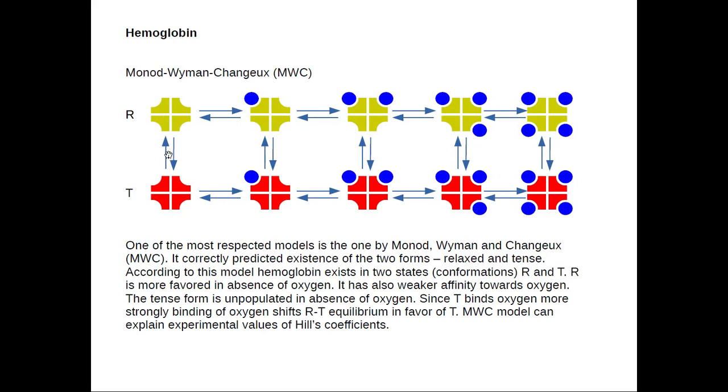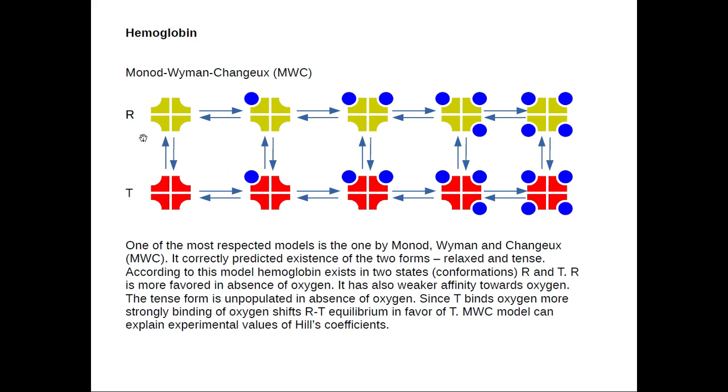So just how to explain it here. In absence of oxygen, the tense state would be dominant. But because the relaxed state binds oxygen more strongly, if you add oxygen, you shift this equilibrium towards the relaxed state. And if you add more and more oxygen, you shift it more and more towards the relaxed state. So at a low concentration where the tense state is dominant, the binding is rather weak, because the tense state affinity towards oxygen is low.